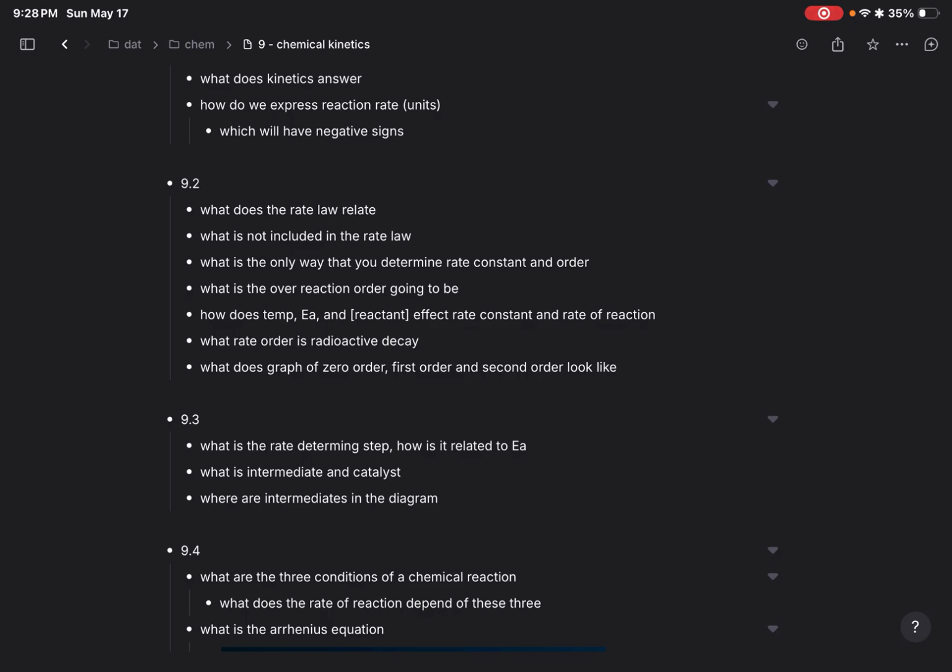It'll increase the rate law, and then, wait, I don't even see the graphs.